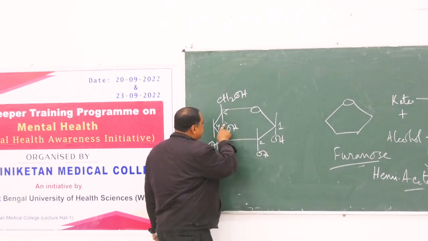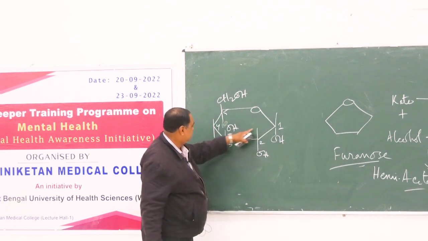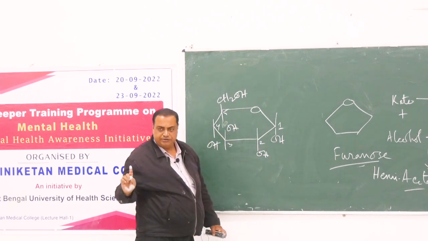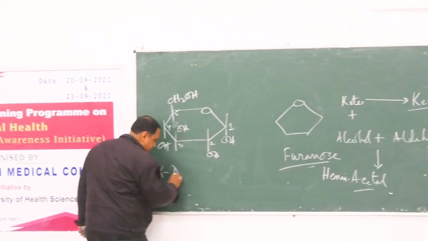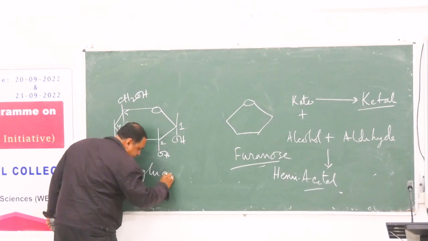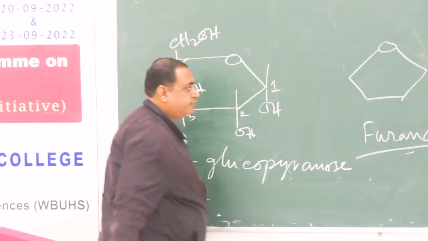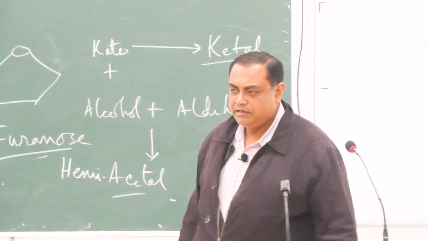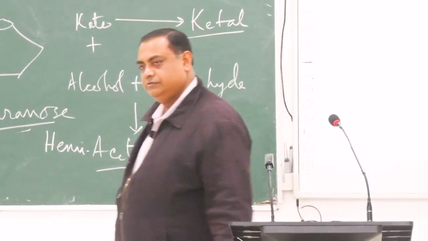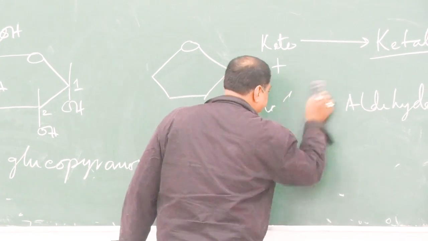Normally we are not writing the H. Let us not write the H. See, all vacant spaces are hydrogens. Fine. This is clear? Alpha D glucopyranose. Can we draw the same thing for furanose?